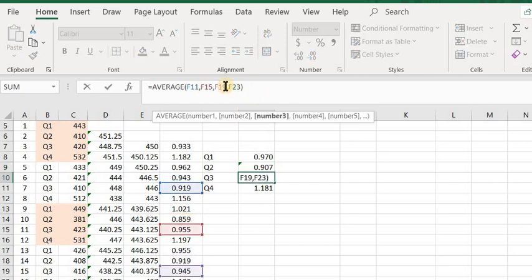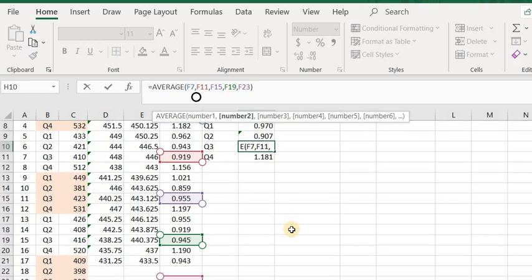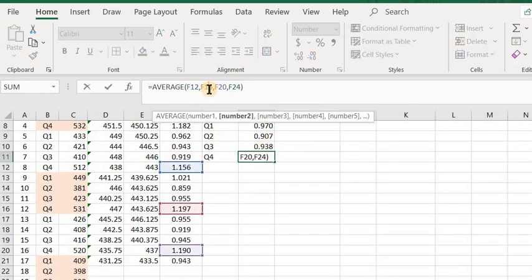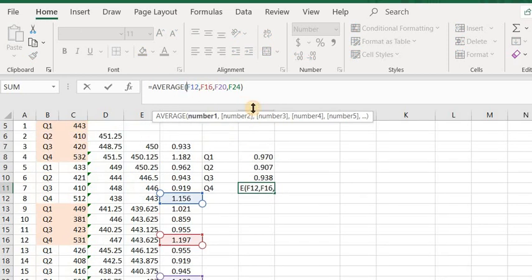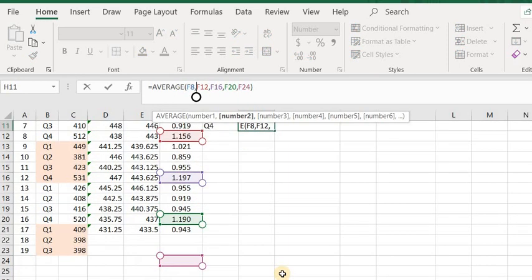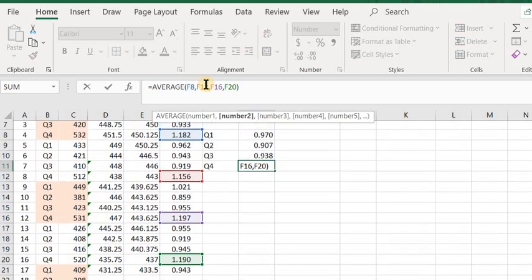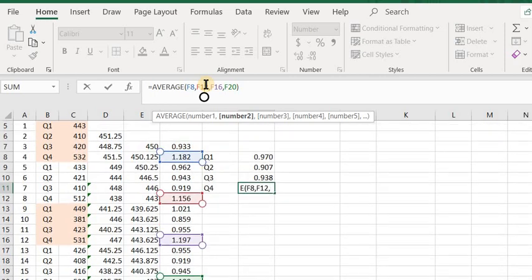For the third quarter, we have the first year, and the last one we don't have. Then for quarter 4, we add up from the first year, and the last one we delete. Check back: all 4 quarters are included in the average.